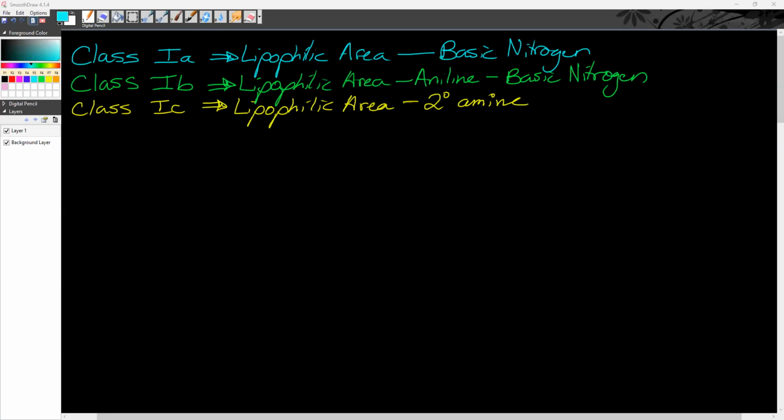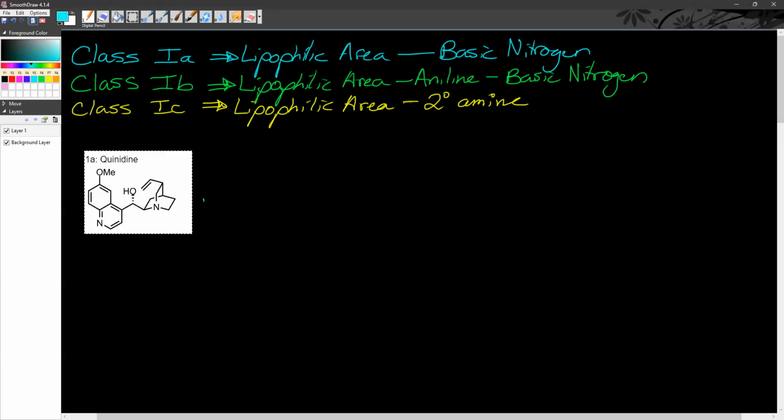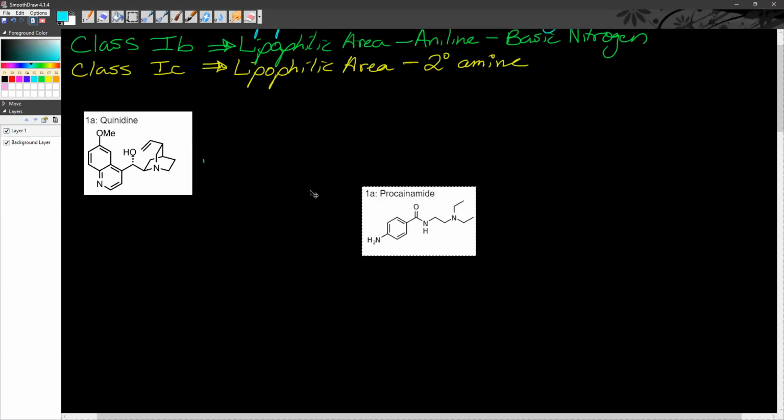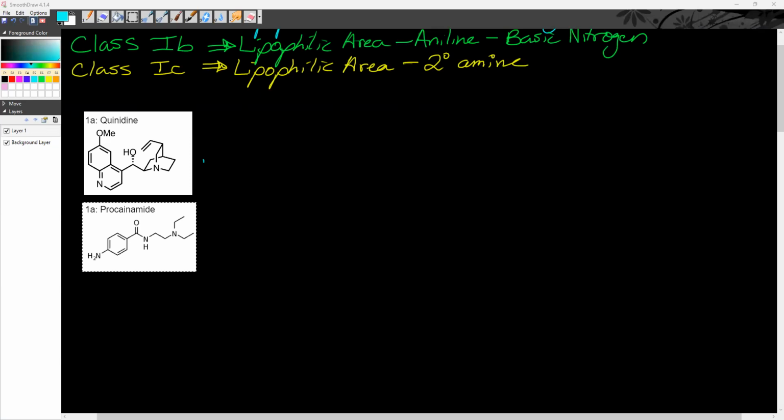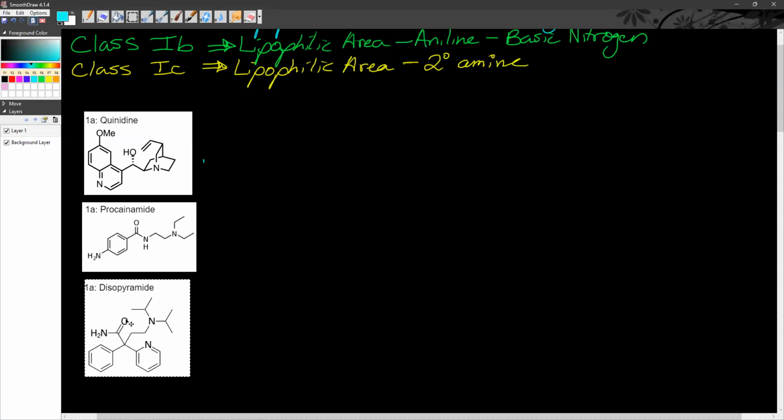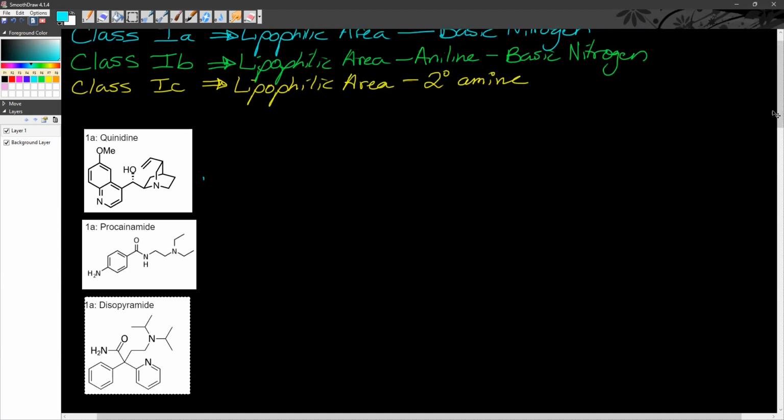So for example, if we look at quinidine and procainamide, as well as disopyramide, all of these are going to fulfill our requirement of having this lipophilic area, so at least a benzene ring, where we have 3 or 4 carbon distance to the basic nitrogen.